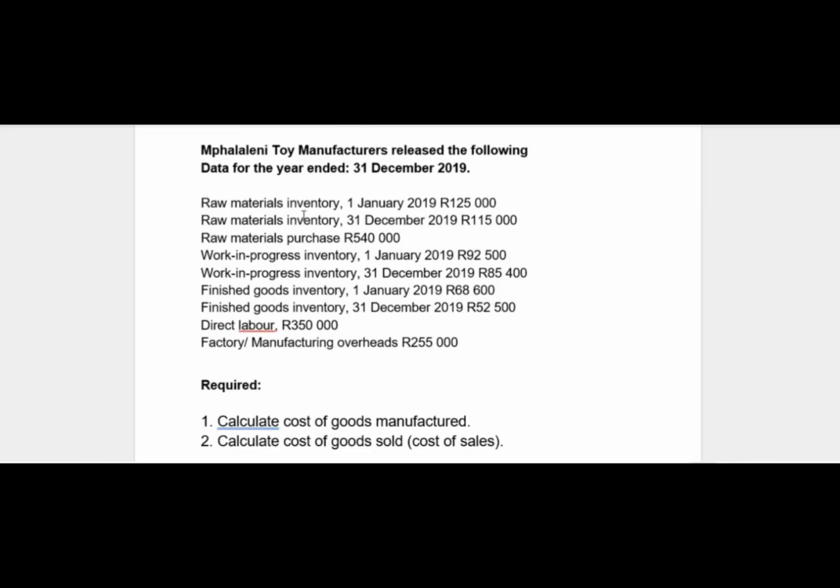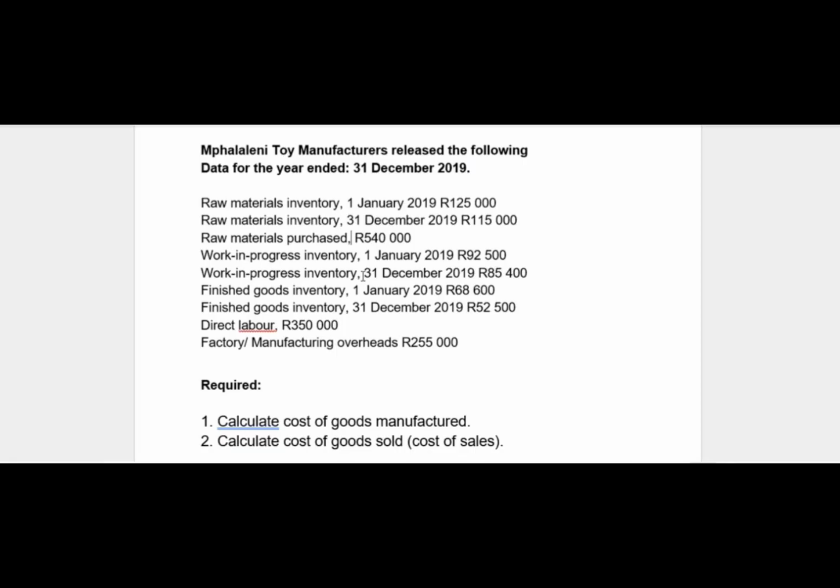Raw materials purchased, 540,000. Work in progress inventory for January, 92,500. Work in progress inventory 31st December 2019, 85,400. Finished goods January, 68,600.